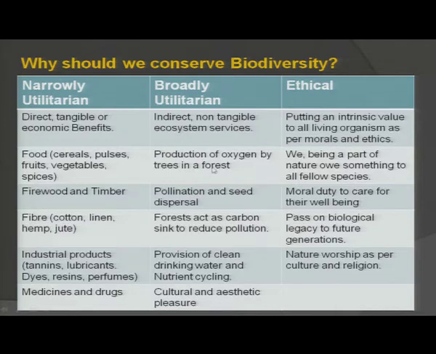For example, production of oxygen by trees in a forest, pollination, seed dispersal, forests act as carbon sink to reduce the air pollution, whatever carbon emission is there in the air all gets absorbed by these forests. We have clean drinking water, the nutrient cycle which operates in nature, which is helping us in getting mineral elements or nutrients from them.